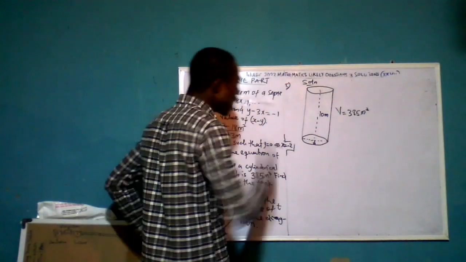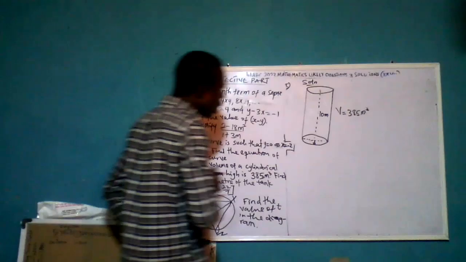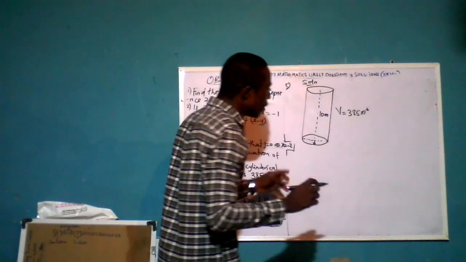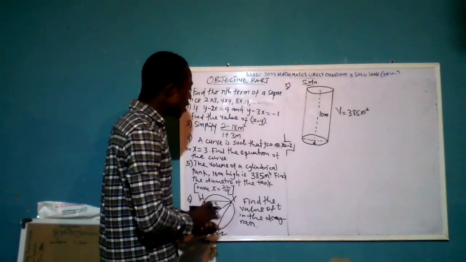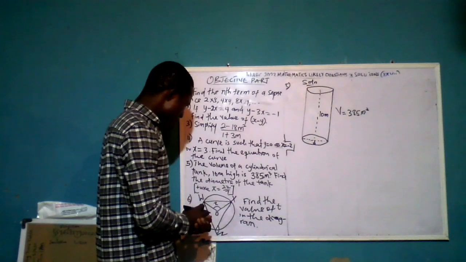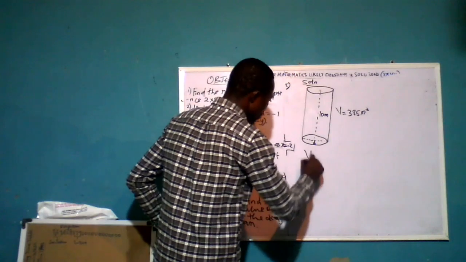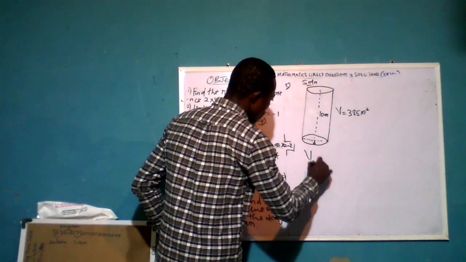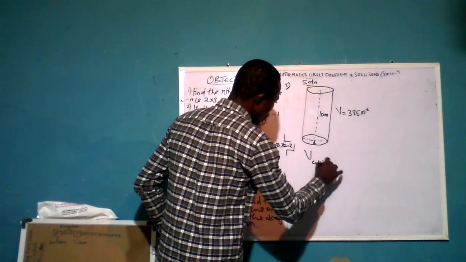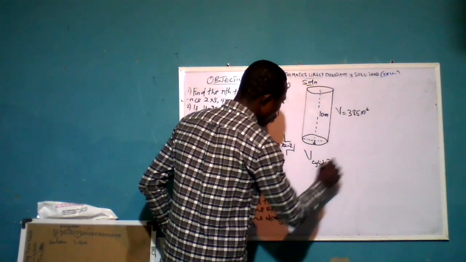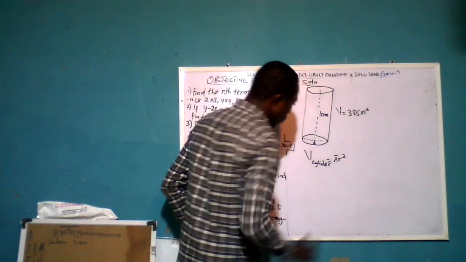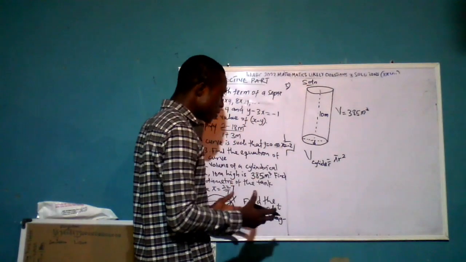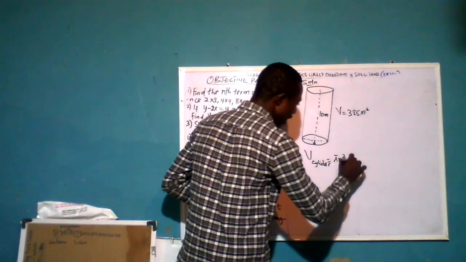Right now what we need to do is to quickly recall the formula for finding the volume of a cylindrical tank. The formula is: volume equals pi r squared, that's the circular base, multiplied by its height.